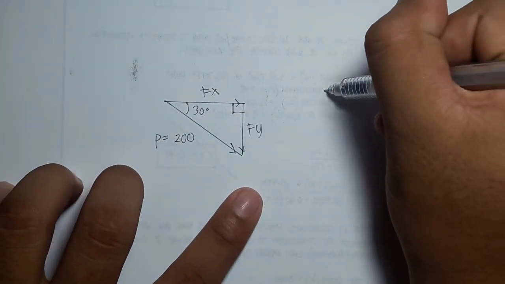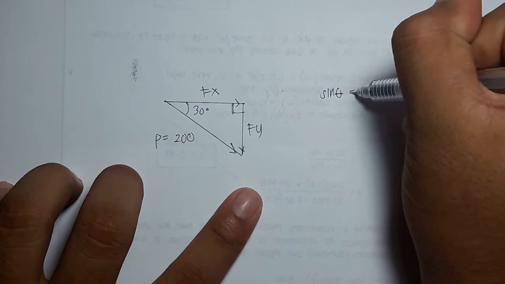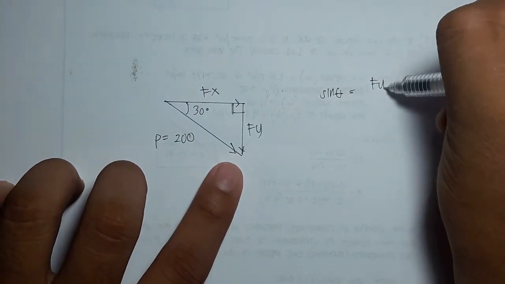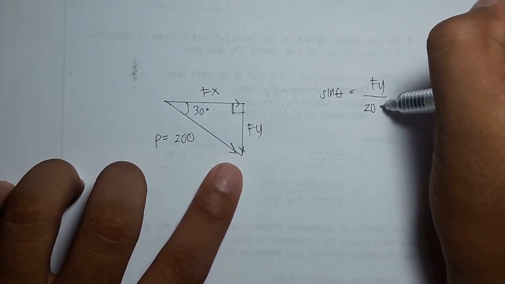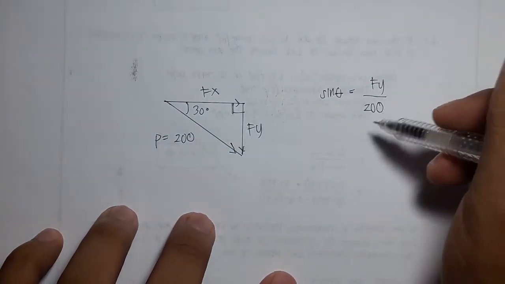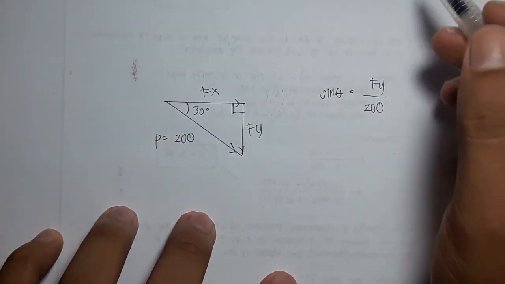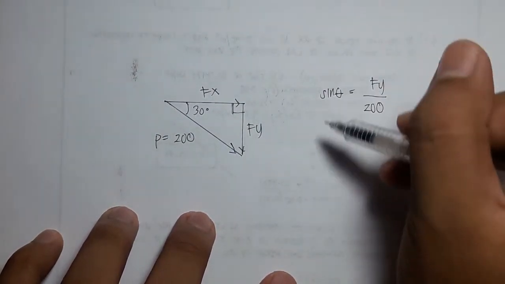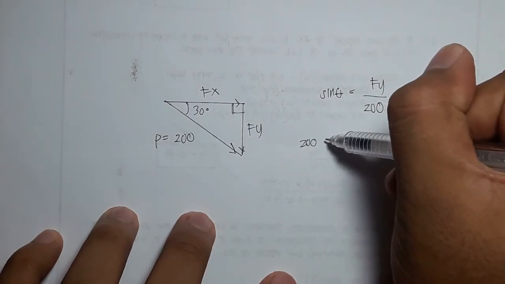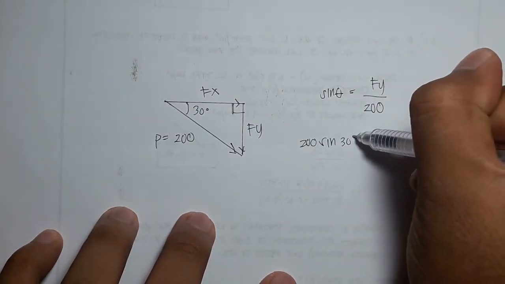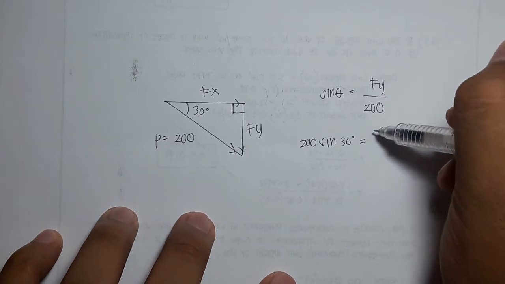So sine theta is equal to opposite over hypotenuse, which is 200. So the angle is 30 degrees. So transposing, we have Fy equals 200 sine 30 degrees.